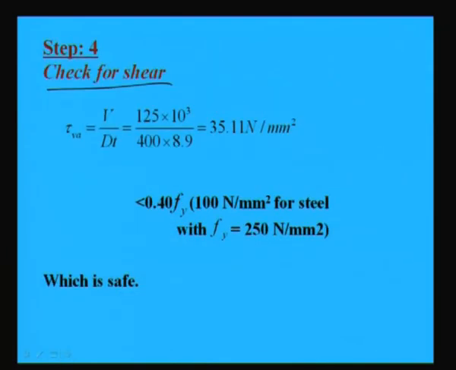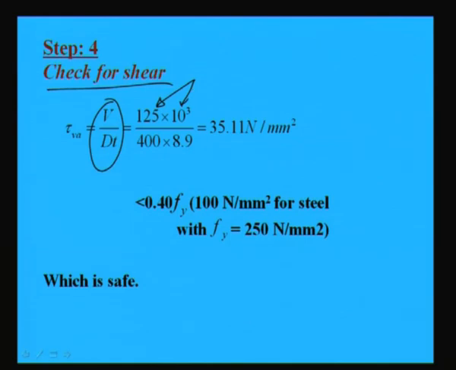Next, we will check for shear. Now, the average stress can be found from this expression, that is V by d into t, where maximum shear develops at the support, which has been calculated as 125 kilonewton, and this we are changing to Newton by multiplying by 10 cube.